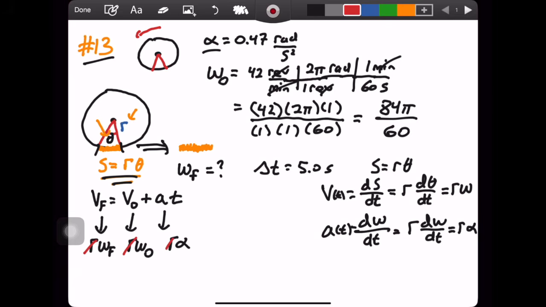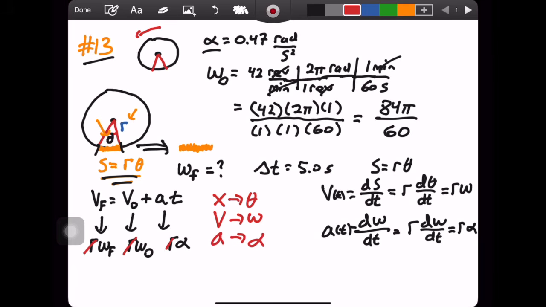And what that essentially means is that we can write down a little legend here where every single one of those linear constant acceleration equations that you've been working with, they are all exactly applicable in the rotational sense, with the one difference that wherever you see an x for displacement, you put a theta. Wherever you see a v for velocity, you put an omega. Wherever you see an a for acceleration, you have an alpha.